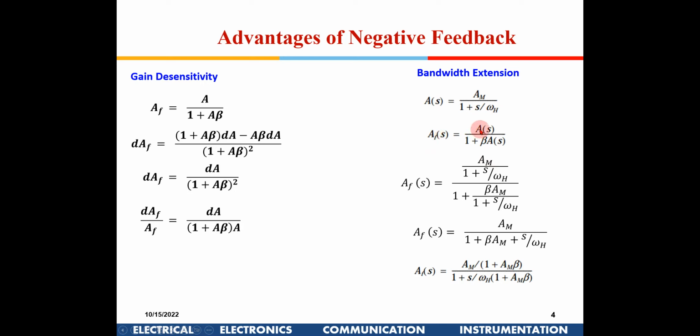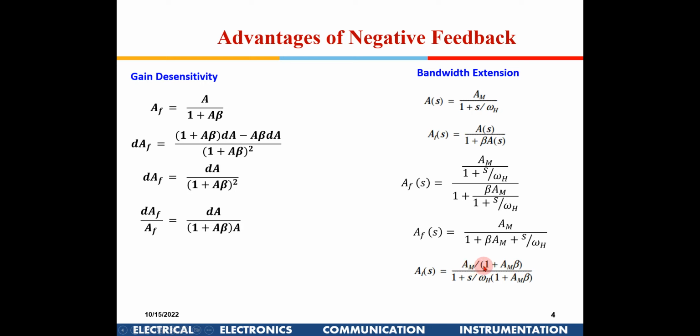Now the feedback gain is given by A(S) divided by 1 plus beta A(S). So I write AM divided by 1 plus S over WH for A, and take the LCM and modify this, so I get this equation. Now in this equation, on the top you see AM divided by 1 plus AM beta.